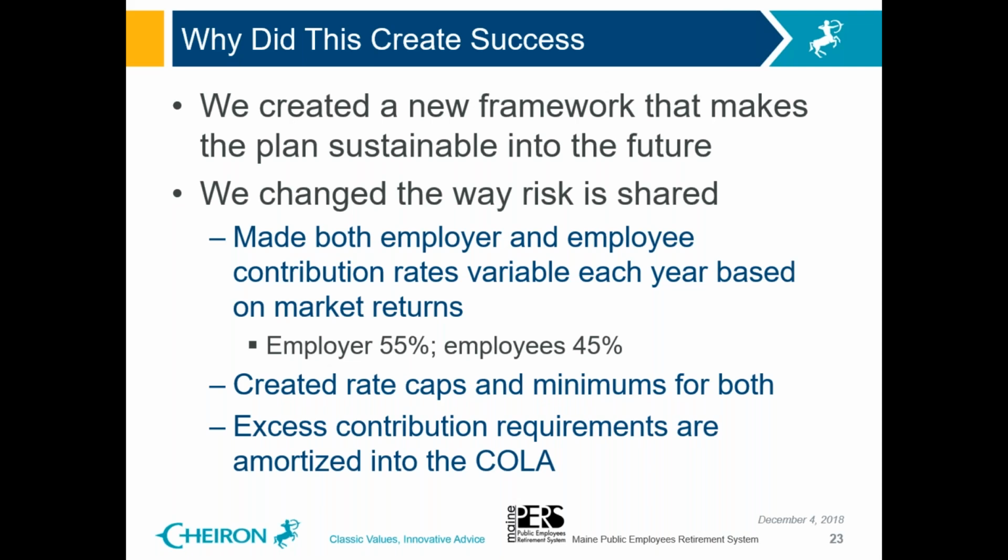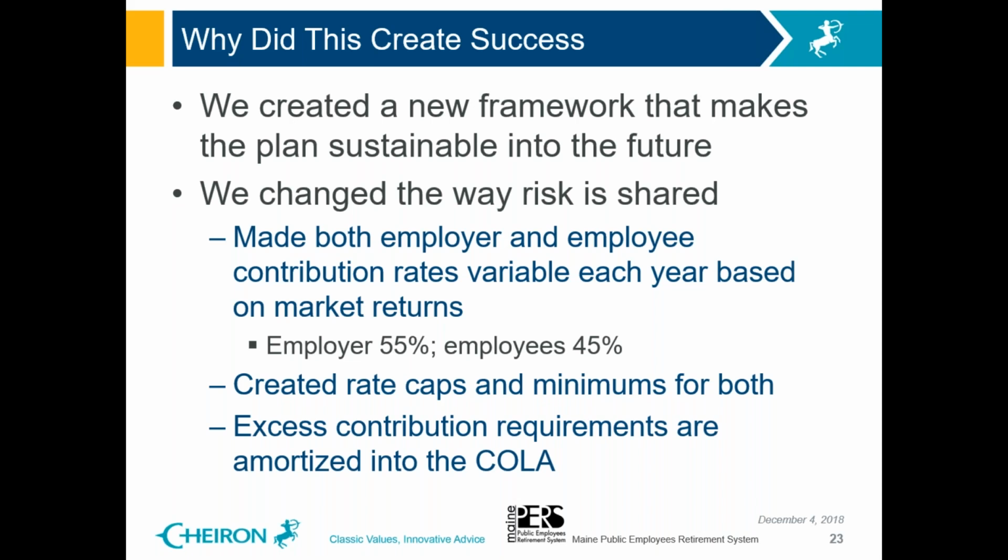And what we did, we took all of the risks and we redistributed them. We had employers and employees both have variable contribution rates. And we divided up the proportion into 55% employer, 45% employee. And then importantly, we created rate caps and minimums for both groups.